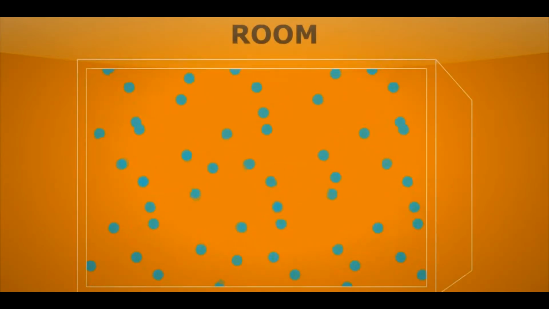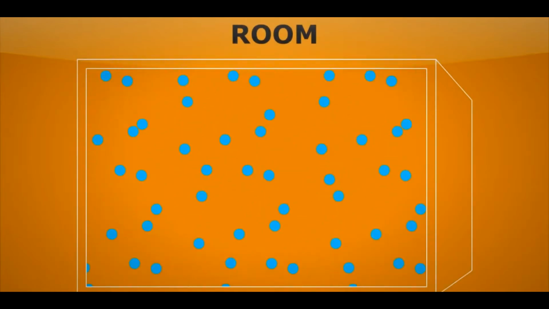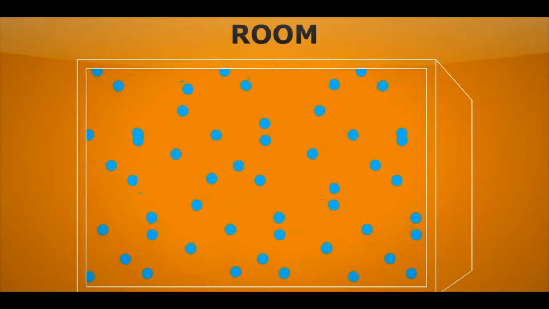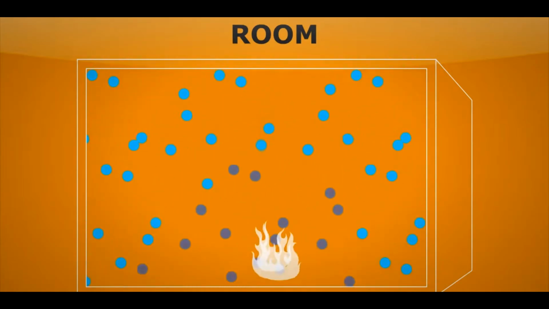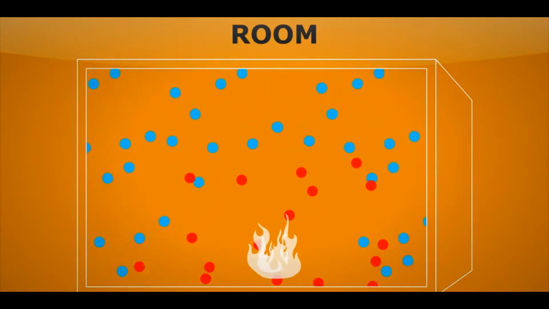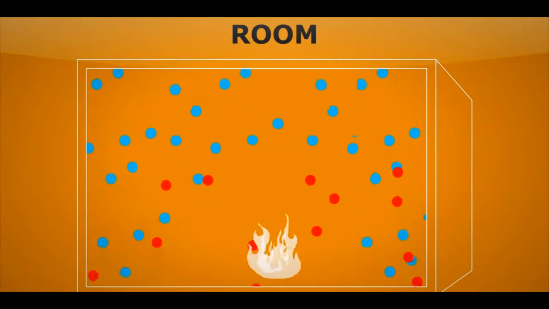So, let's look at the gas particles in this room. They all have roughly the same energy, which we can see because they're all moving about the same speed. So let's put a fire in the room. Now the particles by the fire start to gain energy from it, and they start to move faster. And because they move faster, they spread out. So that bit of fluid becomes less dense.